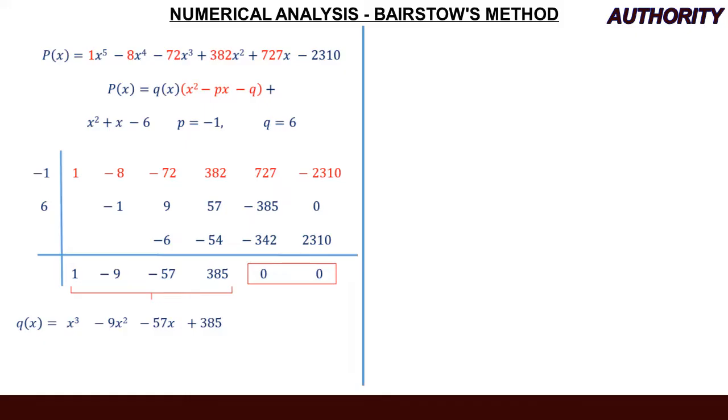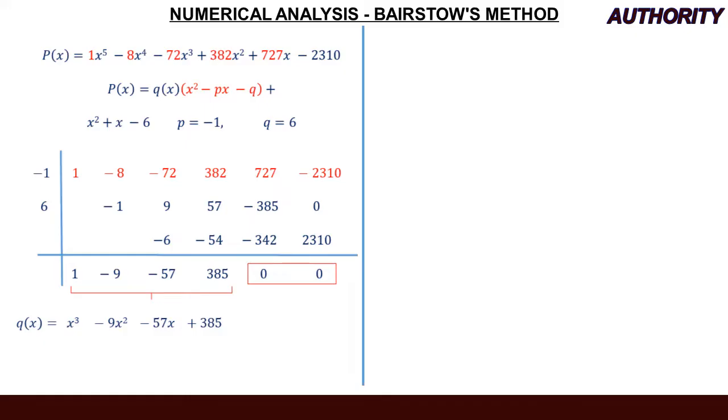The idea is that we use Bairstow's method to extract a quadratic polynomial from the polynomial you have.